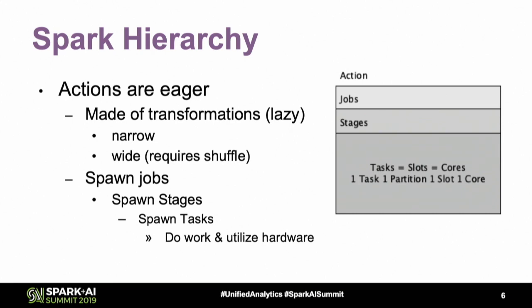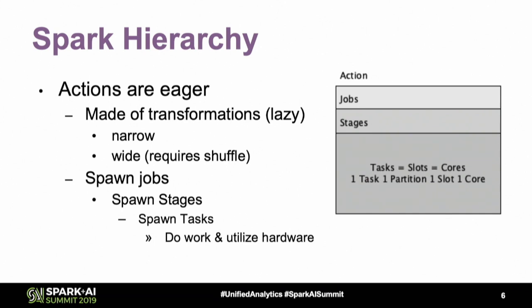So we can have many tasks inside of a stage, and each one of those tasks do the exact same thing, only on a different part of the data. So each task is the same, but on a different piece of data, so the same computation. Now here's where things start to get interesting for people that are trying to optimize Spark correctly. A task is operated on by one slot, one processor.